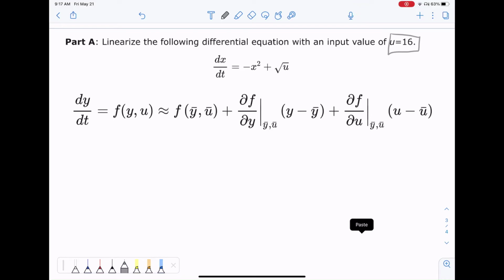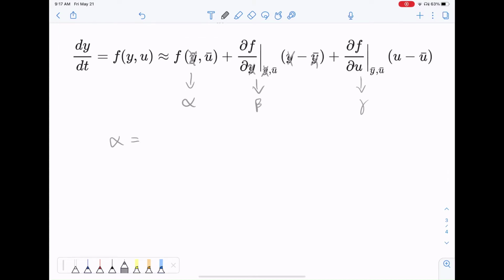Here, instead of y and u, we're going to have x and u. So we're going to write x, x, x, x, x, and we have u. This right here we're going to write as our alpha term. Right here is going to be our beta. And right here is going to be our gamma. So let's go ahead and solve for those.